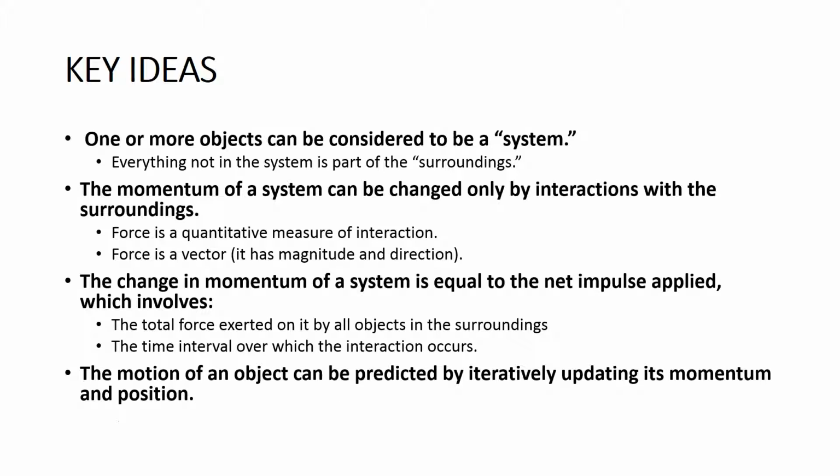And, as you may expect, since it's the point, we can predict the motion of an object by updating its momentum and its position. The six coordinates of position and momentum enable us to describe the motion of an object and predict its future.